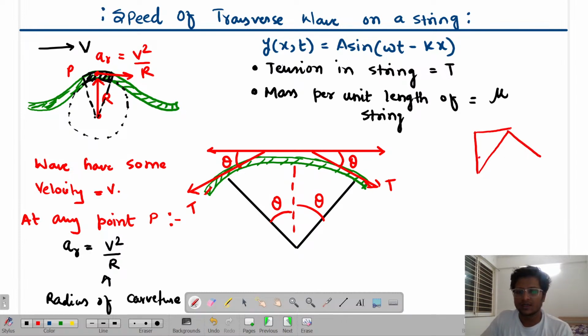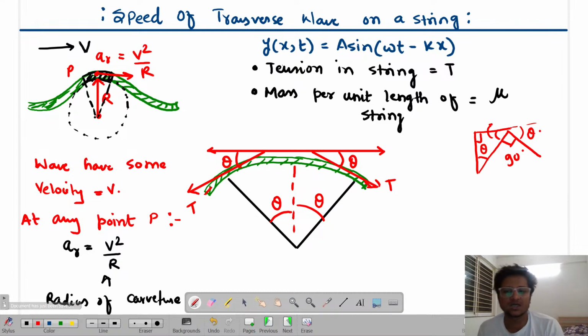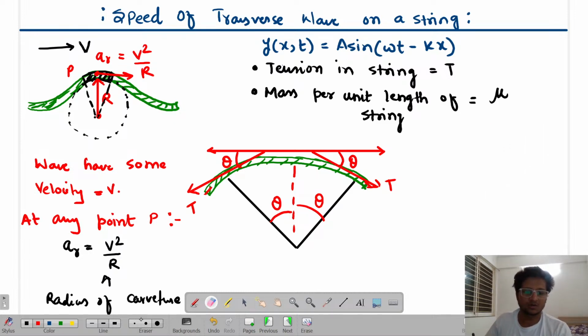And this angle is theta. The radius and tangent make 90 degrees. So I'm considering this angle to be almost theta. I'm not considering it to be something like 90 minus theta. Is that clear or not? I'm taking a small angle approximation.